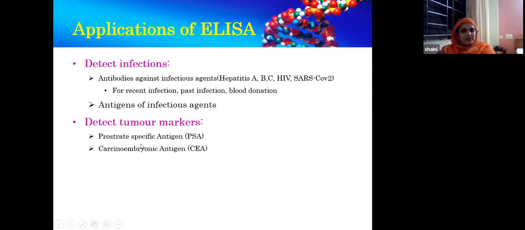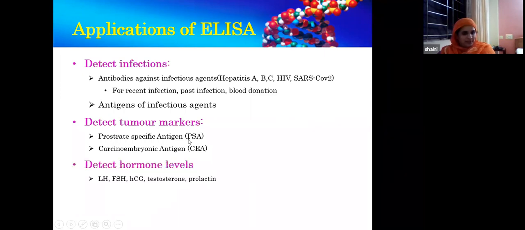Next is tumor markers. This test is also very commonly done now in cancer patients, or if cancer is suspected, you do a PSA, CEA. These are also very specific nowadays. Even in the absence of a positive biopsy result, if the tumor markers are sufficiently high, an occult tumor is generally diagnosed.